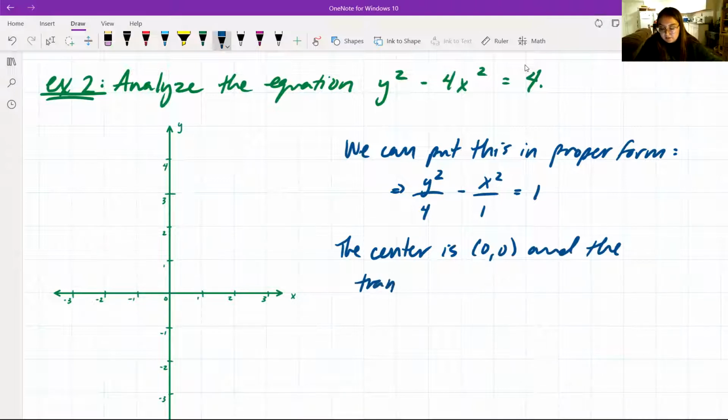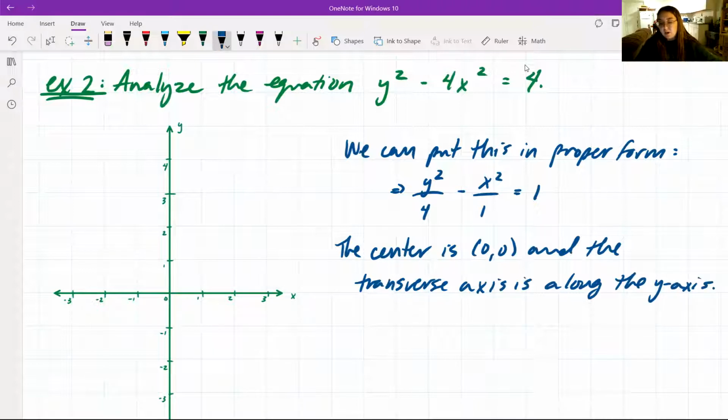And the transverse axis is along the y-axis in this case. We know it's along the y-axis because our y term starts first.